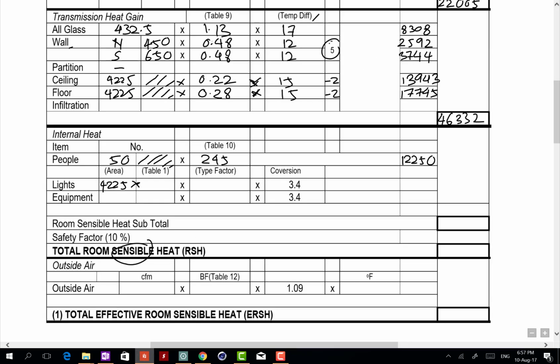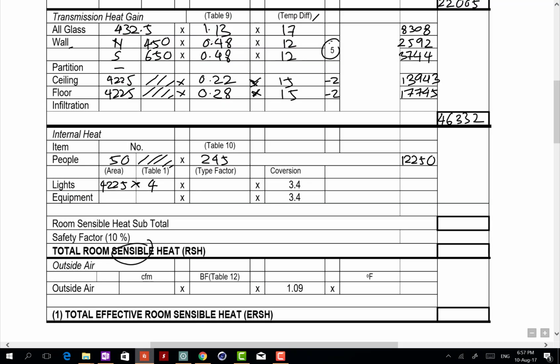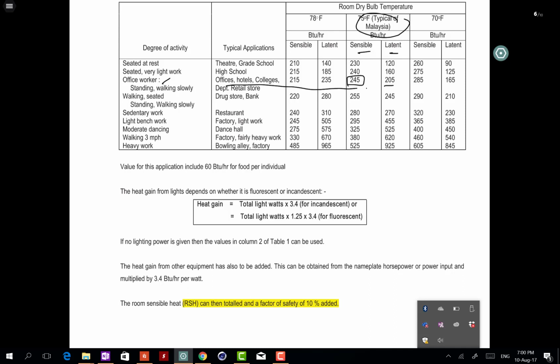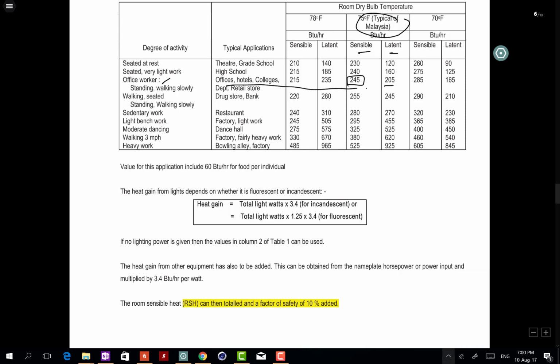Okay, here multiply with 4 watt per square feet, multiply with the type factor. So type factor is different between normal bulb and also fluorescent type. Right, for light, the heat gain is calculated based on the total light watts multiplied with 3.4 for incandescent, or total light watts times 1.25 times 3.4 for fluorescent type.